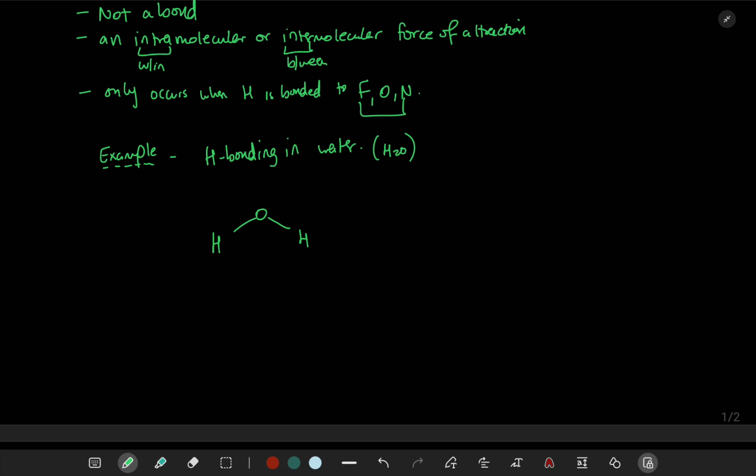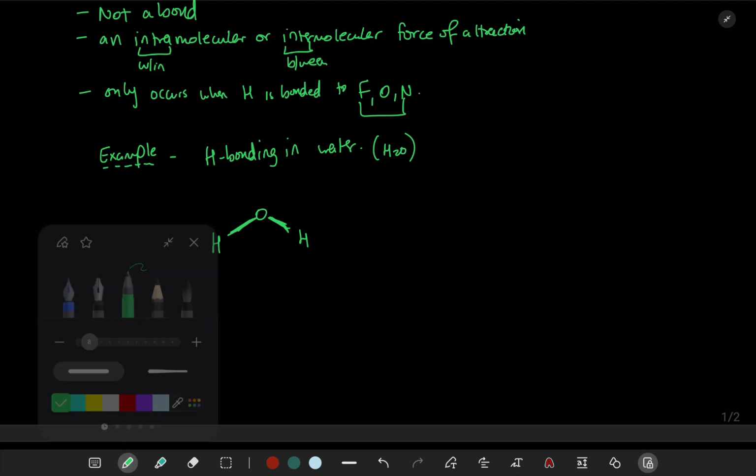So the bonding pair of electrons in this bond here and in this bond here will be located closer to the oxygen's nucleus than the hydrogen's nucleus. And so this negative electron density, because electrons are inherently negatively charged, is located closer to oxygen and further away from hydrogen.